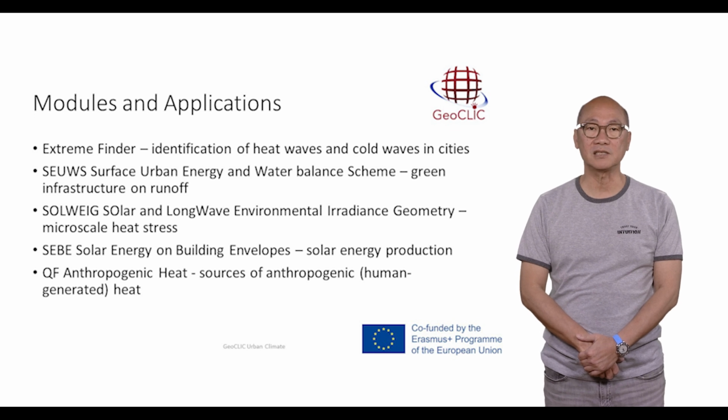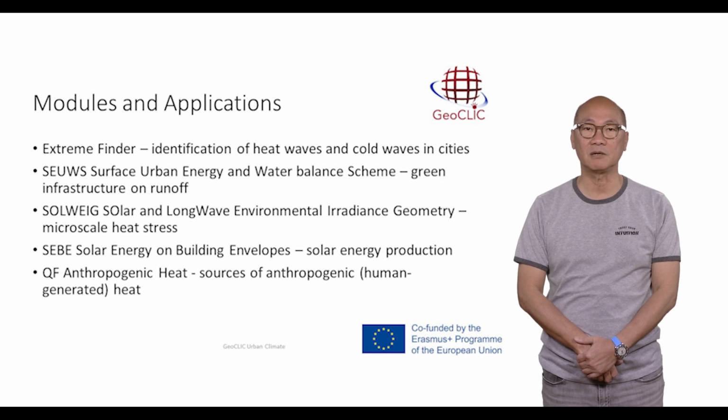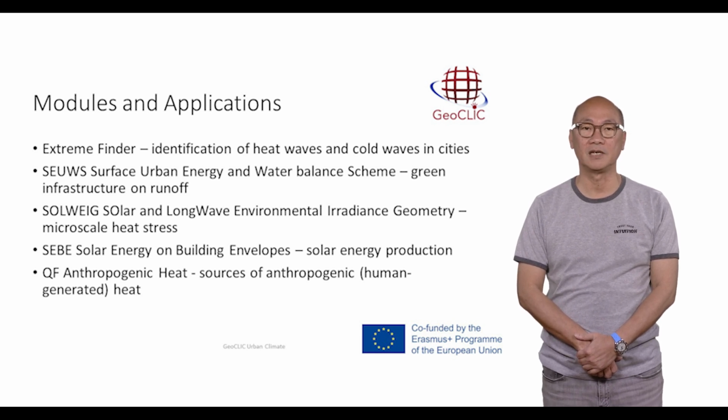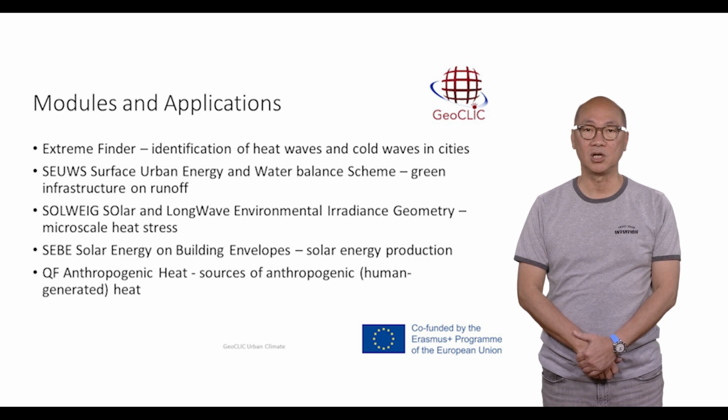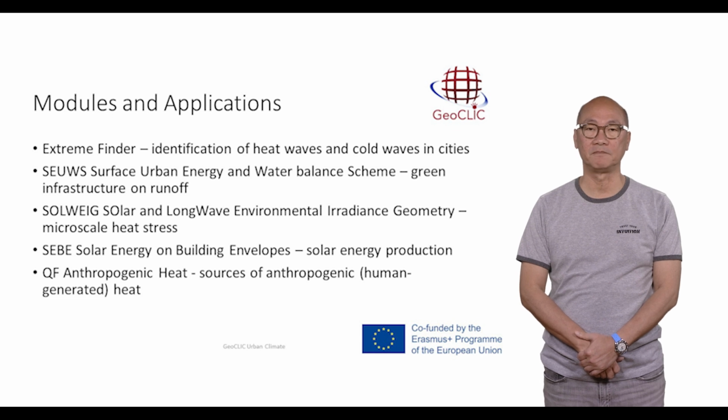The model simulates the urban radiation, energy and water balances using commonly measured meteorological variables and information about the surface cover. It is used to understand urban energy and water balance, which is a precondition to extreme weathers. It can also be used to understand green infrastructure on runoff.